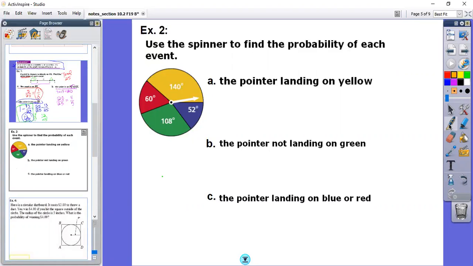So in part A, they want to know what's the probability that the pointer is going to land on yellow. So we're going to take the angle swept out by yellow, and that's 140 degrees. And we're going to divide that by 360 degrees. And then we're going to reduce our fraction if we can.